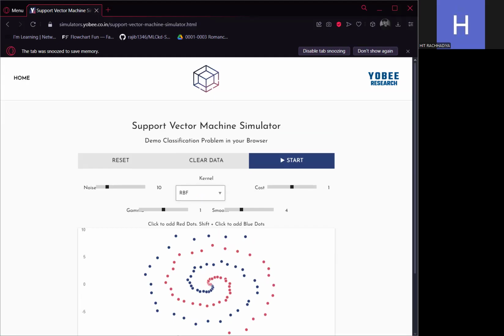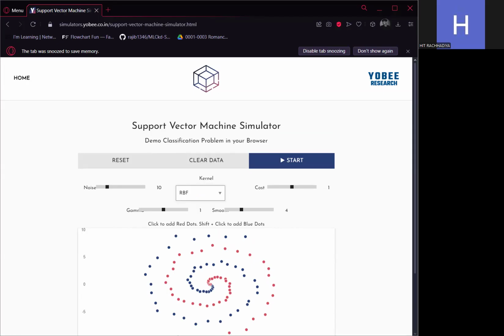Now there is another option given, gamma. The gamma parameter applies specifically to the RBF kernel and sometimes the polynomial kernel also. It controls the influence of individual data points on the decision boundary.